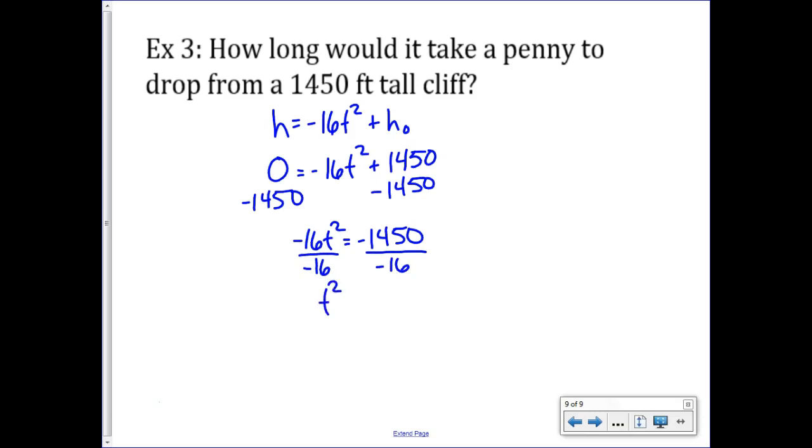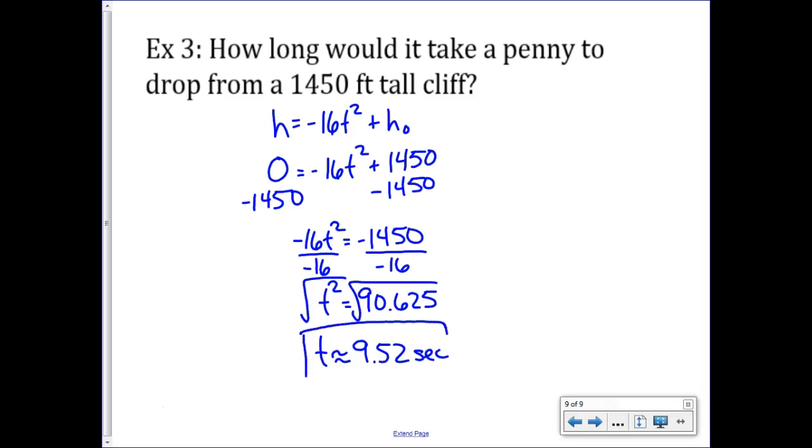And I get 90.625. I take the square root of both sides, and I end up with t is approximately 9.52 seconds. Now, technically it would be plus or minus, but since we're talking time, we only use the positive there.